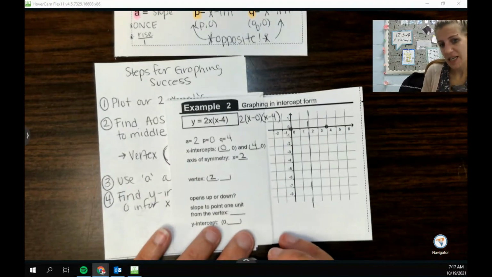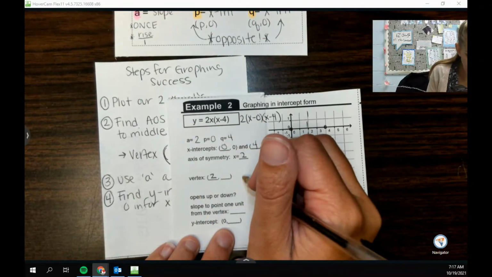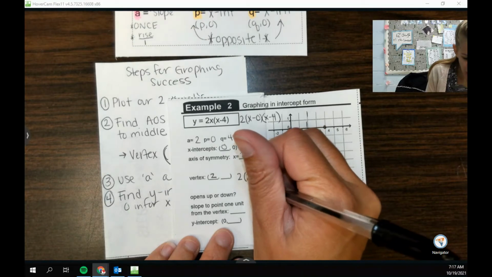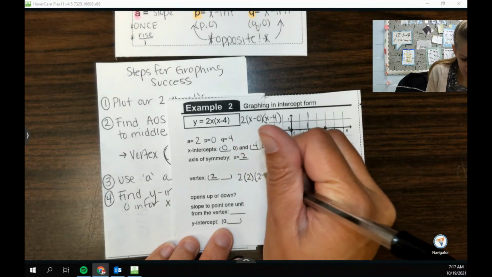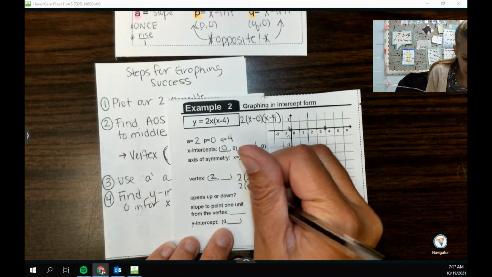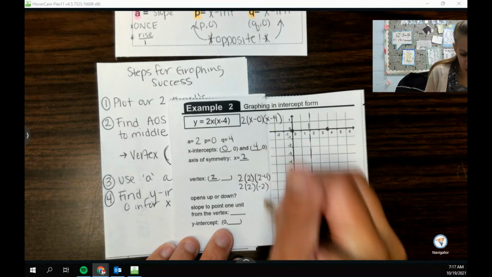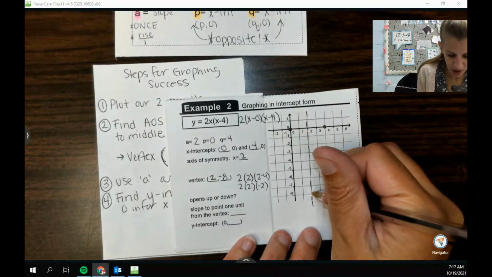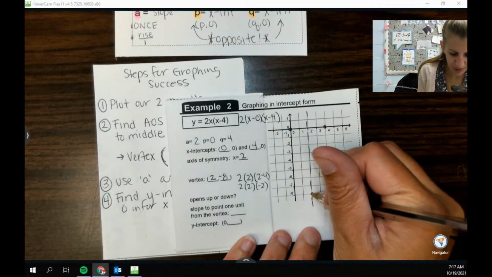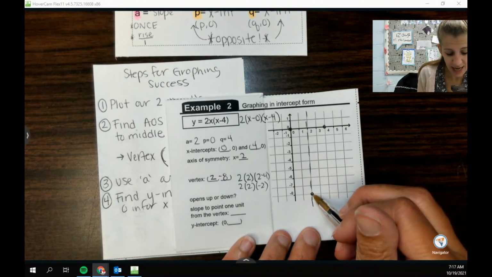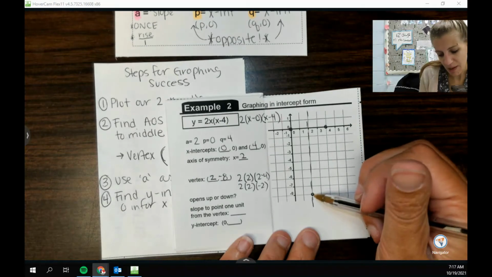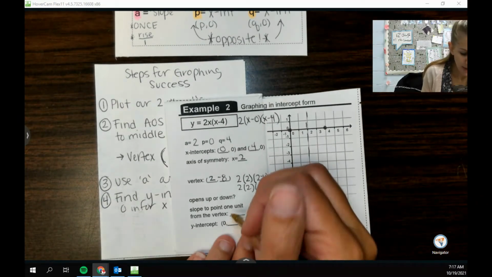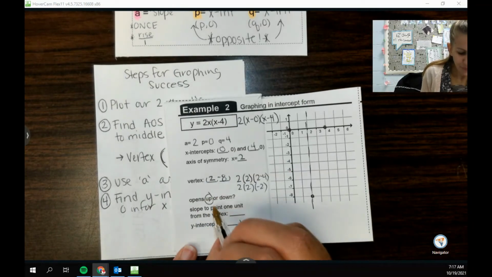The vertex is going to be at 2 comma something, and to figure out that something, we plug the 2 in for x. We end up with 2 times 2 times negative 2 for negative 8. On my axis of symmetry, we plot that vertex down here at negative 8. I can see now that my parabola has to reach up to get to those x-intercepts, so we are opening up.